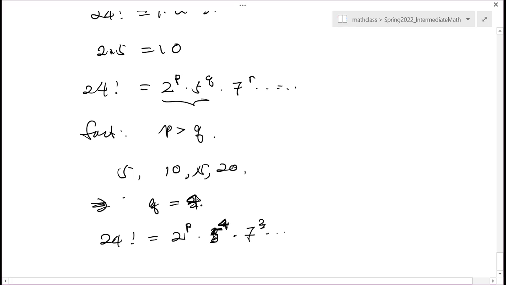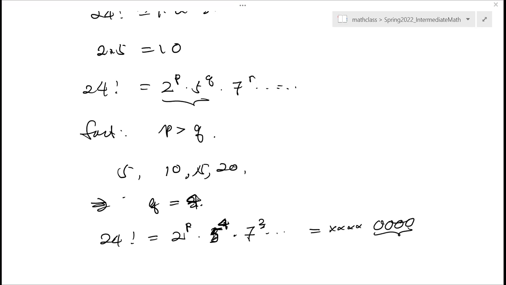So clearly, if we multiply them out, you're going to get 4 zeros at the end. So that is the answer. All right, so that's the end of the class, and we'll continue next Saturday.